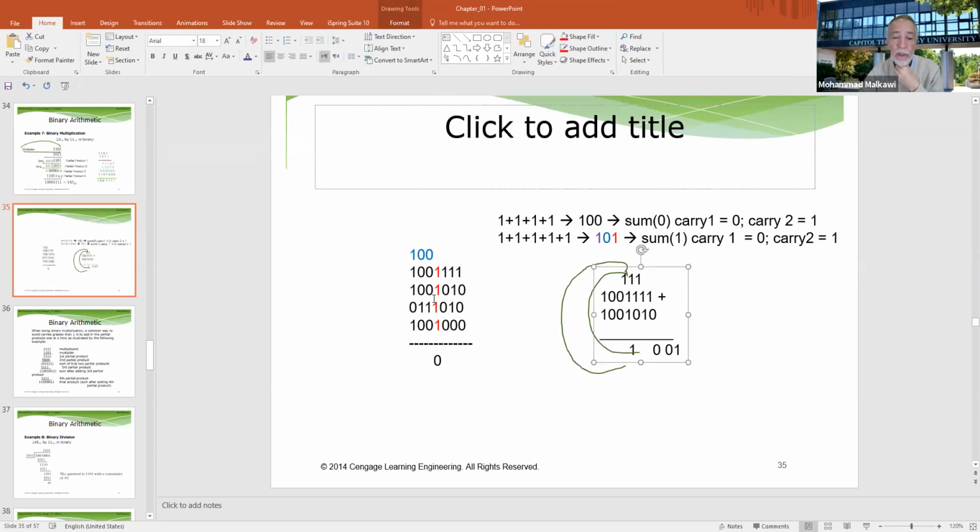Here I have 1 plus 1 plus 1 plus 1. There are 4 ones. There is 0. Carry number 1 and carry number 2. Actually, carry number 2 is a 1. Here I don't have that. Okay, so I have 2 carries here.